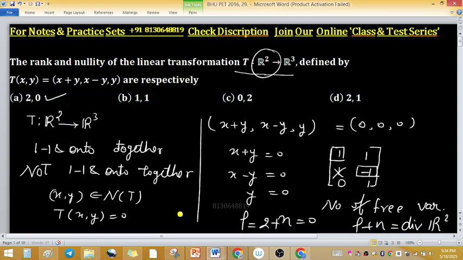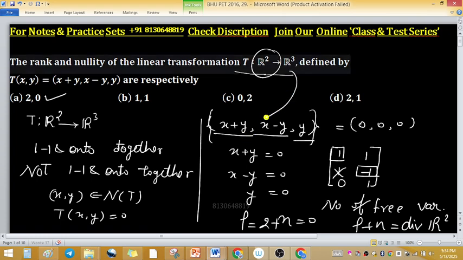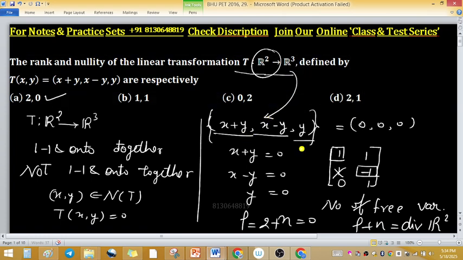So, this is one technique, and the other technique you can use is these constituents x plus y, x minus y and y, because this is the range space. Every element of the range space can be generated using these constituents. So, write these constituents using basis elements of R cube, because this is the element of the codomain.